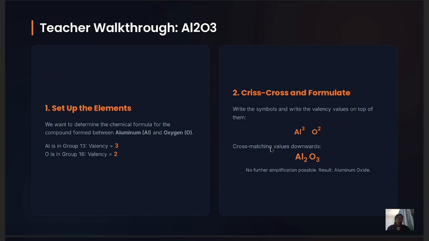Let me show you a real example of this method. The previous two examples were just for your understanding. Now I show you a real example. We want to find the formula of a compound made of aluminium and oxygen.